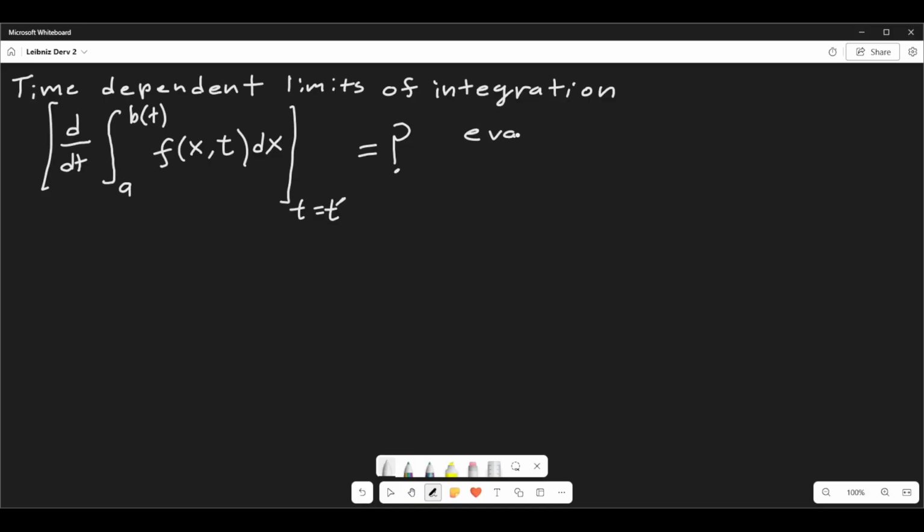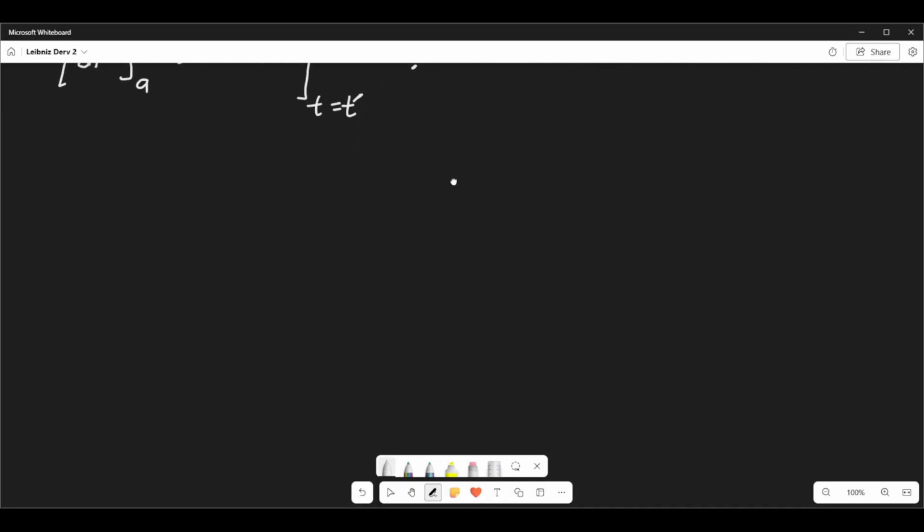So evaluate at time t prime. Okay. So basically, I'll look at this. So here's the function f. Now the function has some kind of shape.